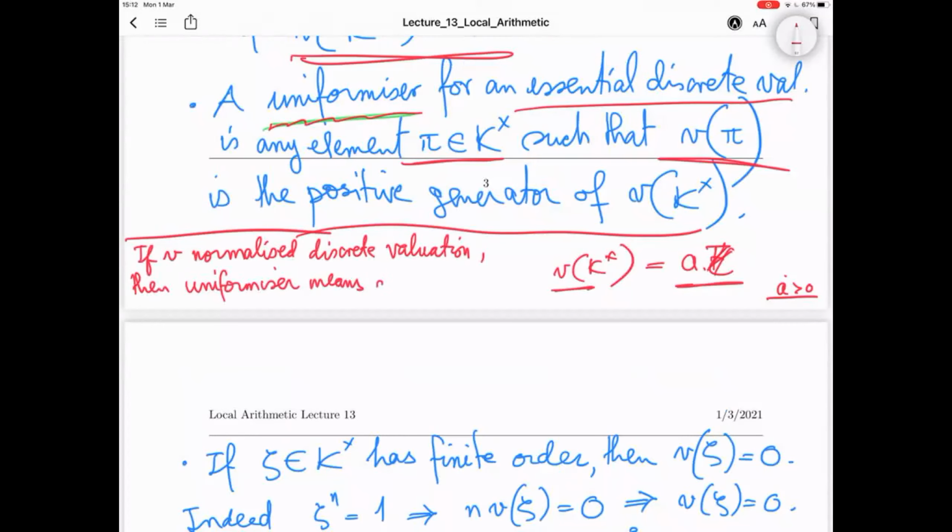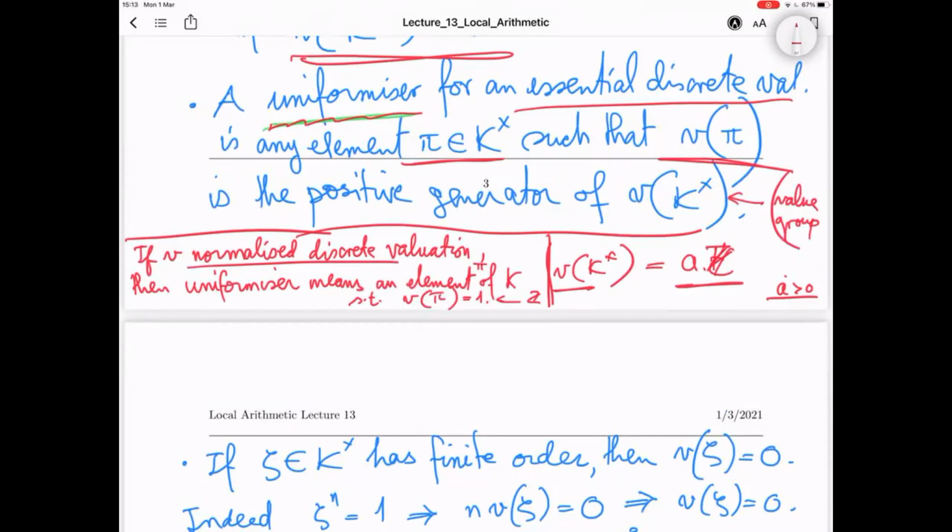It means an element pi of K such that V of pi is equal to 1, because 1 is the unique positive generator of the group Z. That's the value group when you have a normalized discrete valuation. So this V of K star is sometimes called the value group of the valuation.